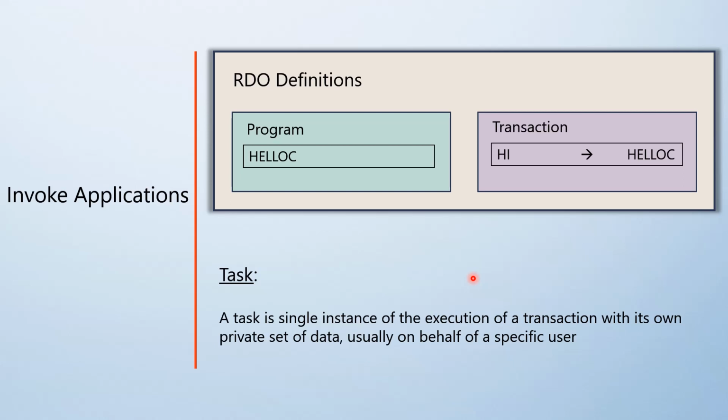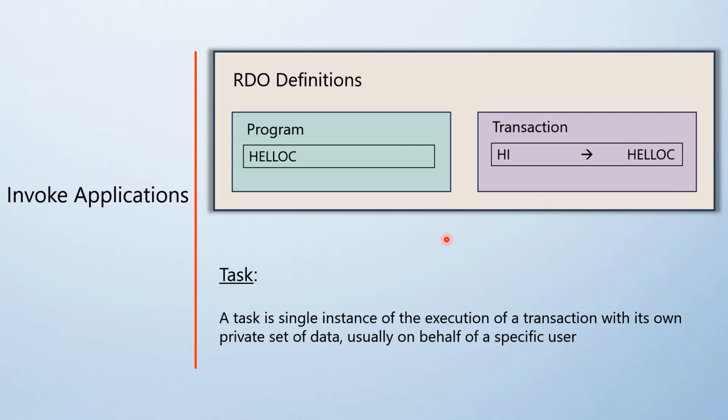Any resource you try to access within CICS has to be defined inside CICS by using RDO. RDO stands for Resource Definition Online, and in this slide we are showing a program called HELLOC, which is defined, and for invoking a program you need a transaction. So here we have defined a transaction called HI, which is tagged to the program HELLOC.